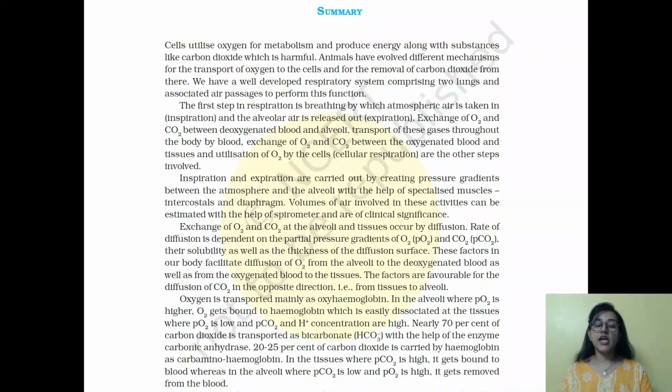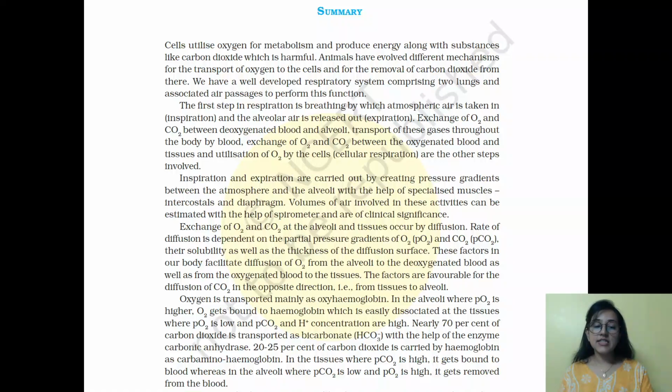Exchange of oxygen and carbon dioxide at the alveoli and tissues occurs by diffusion. The rate of diffusion is dependent on the partial pressure gradients of oxygen, PO2, and carbon dioxide, PCO2, their solubility, as well as the thickness of the diffusion surface.